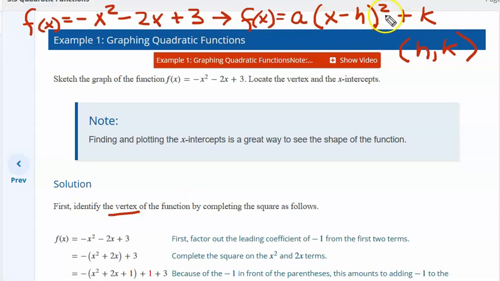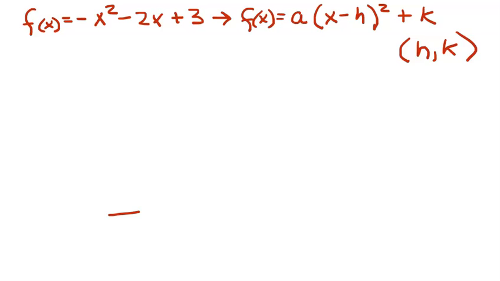And then once it's in the vertex form, we can just pick out the vertex by finding our h value and our k value, which is the formal way of presenting the vertex. Now for this, I'm going to use the whiteboard, keeping in mind that the authors have produced a video on this too. Actually, I watched it.